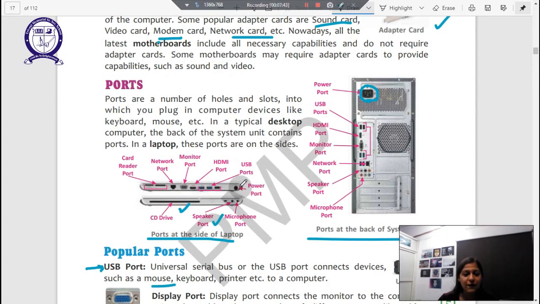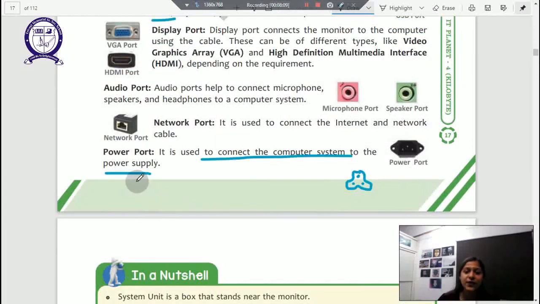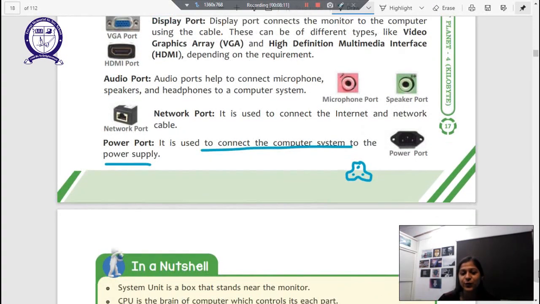Power port, the power supply of the charging point, let's call it. So the power port is the charging point. It is generally circular, unlike the power port of the system unit. Great. And then we see card reader port, network ports, monitor ports, HDMI ports, USB ports. All such ports are available in our system unit as well. So with that, we have studied all these ports in detail for any system unit.